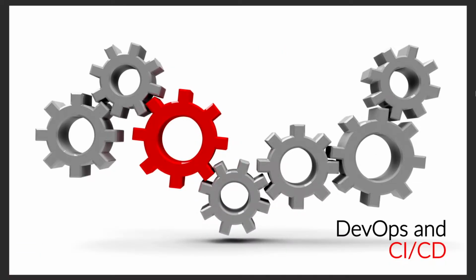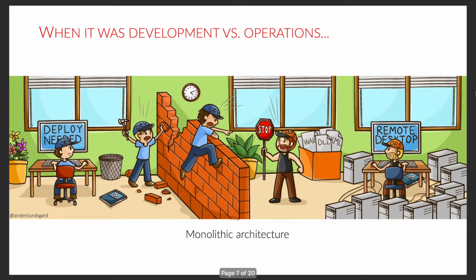I'm going to now tell you a little bit more about DevOps and CI/CD. The easiest thing here is to explain what was before DevOps, when you have development and operations in two different teams. When a software developer had made a piece of code that they wanted to deploy into production, they would just throw it over to operations, who had the responsibility of doing that and checking for security and other stuff.